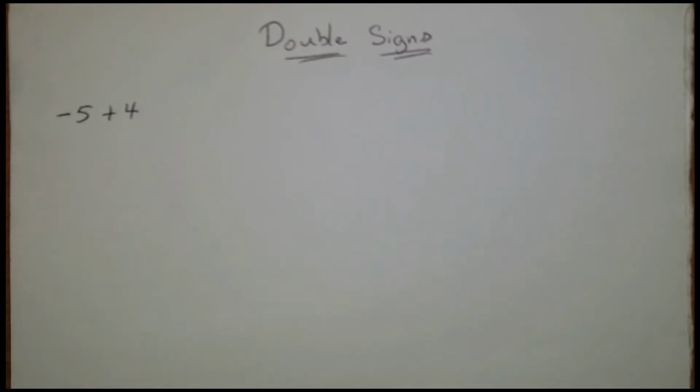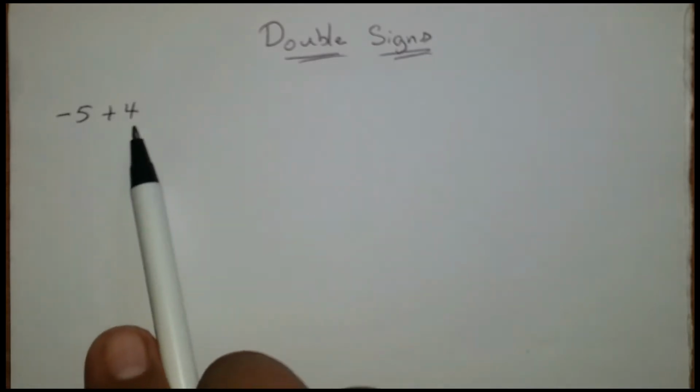What do we do? Keep in mind that the sign that is in front of the number will determine whether the number is positive or negative. For example, this number here has a negative sign or a minus sign. So don't get confused. If you hear minus 5 or negative 5 or subtract 5, that sign will make that number negative.